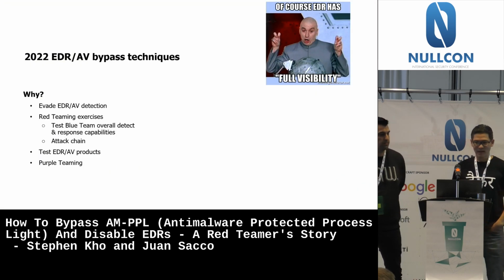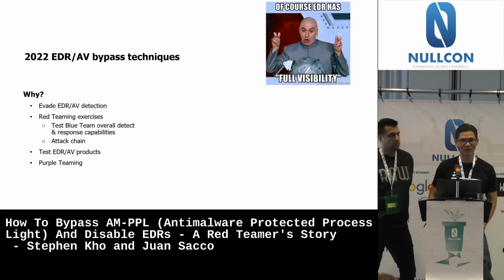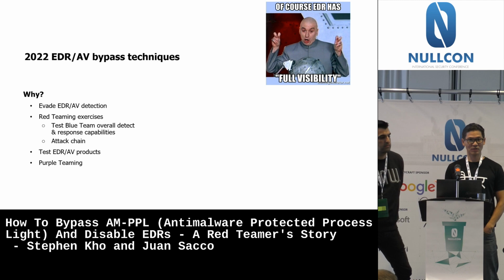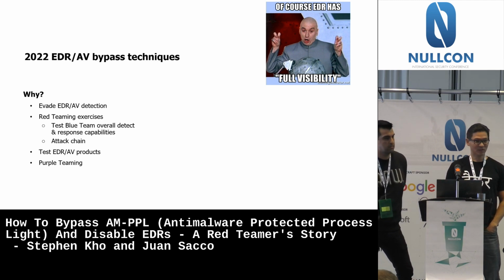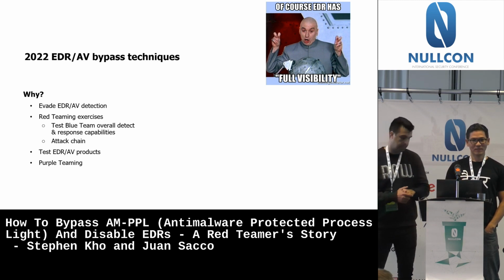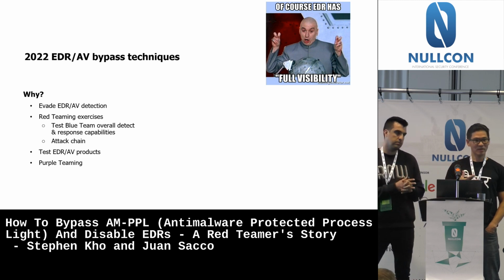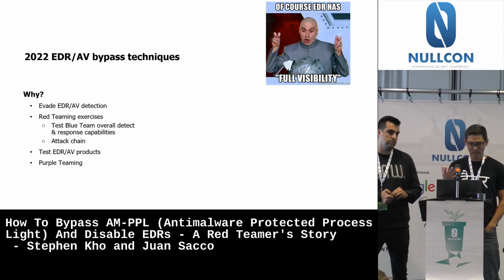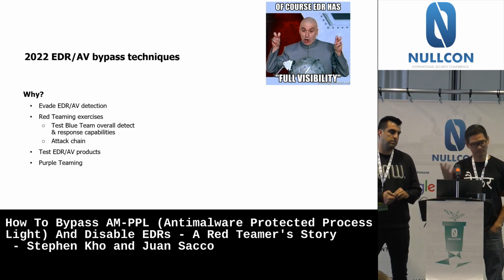Right. Now, why would you want to do EDR bypass? Could be a number of reasons. You could be doing a red team exercise and you want to actually evade detection. So you're on the box, you gain access, then you escalate privileges, and then you want to do some lateral movement and load some tools. You want to stay under the radar. They could be running Defender ATP or CrowdStrike or whatever it is.